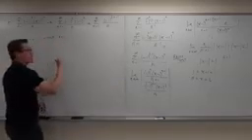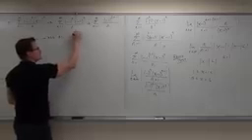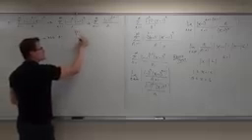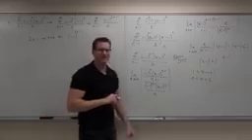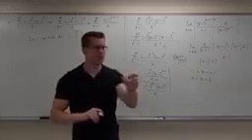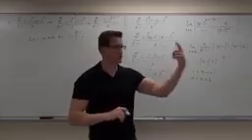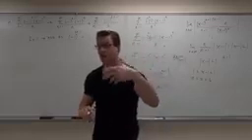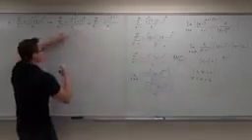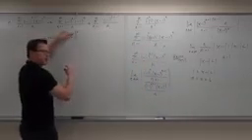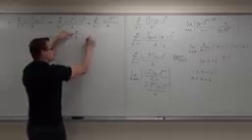Now, how much is negative 1 to the 2n minus 1 then? It's always negative. Very good, because it's always going to be to the first, third, fifth, seventh, ninth power, always odd. So negative 1 to the 2n minus 1 is just equal to negative 1.